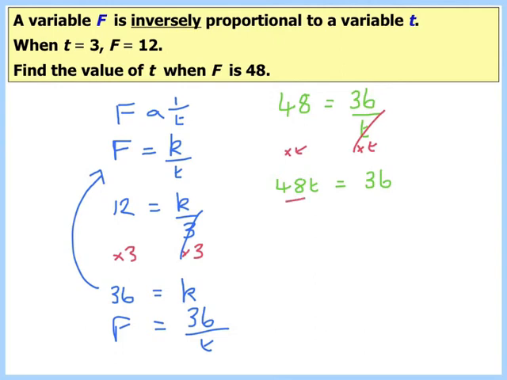I'm just going to divide both sides through by 48, because that will get rid of that, leaving me with just the t that I want on its own. And over on the other side I've got 36 over 48. They are both multiples of 12, and 3 12s are 36, 4 12s are 48. T must be 3/4.